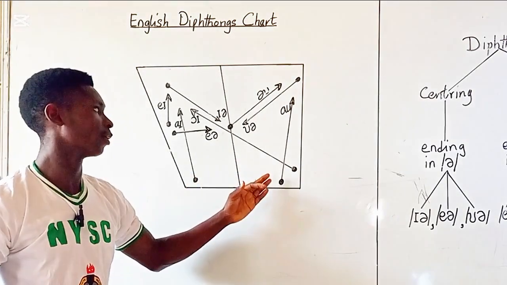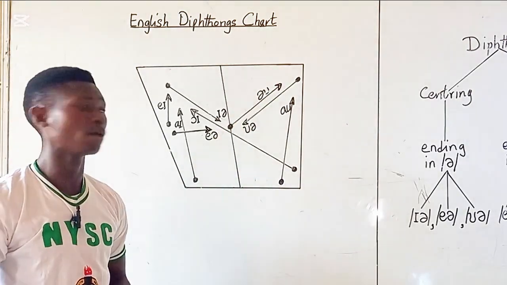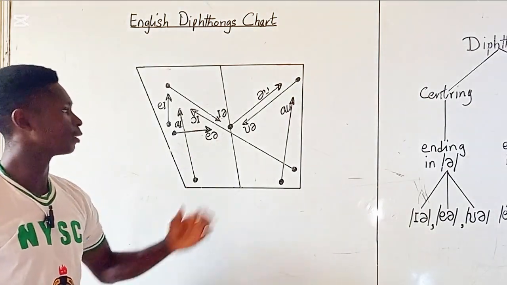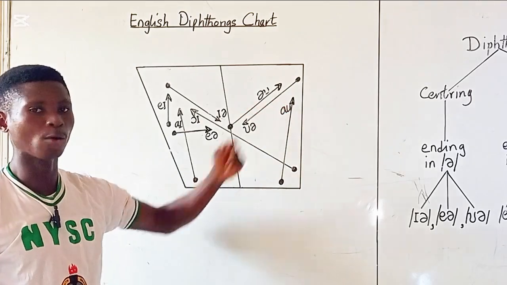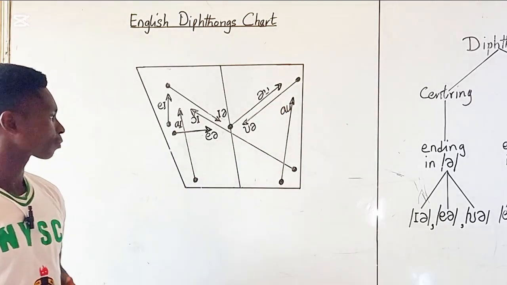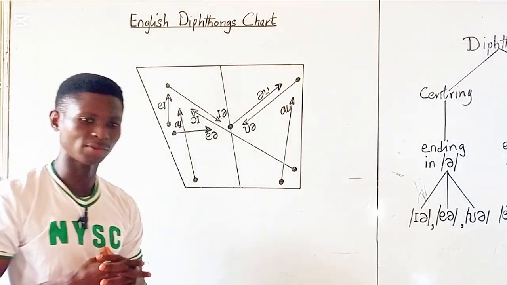The tongue moves from there to the back high position where we have the U sound. Hence we have ow, ow. So these are the 8 diphthongs of English language.